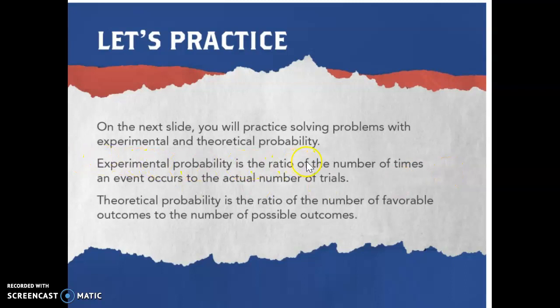Experimental probability is the ratio of the number of times an event occurs to the actual number of trials. So I will say, this is your choices, this is what did happen. Theoretical probability is the ratio of the number of favorable outcomes to the number of possible outcomes. That's what I'm going to predict will happen.